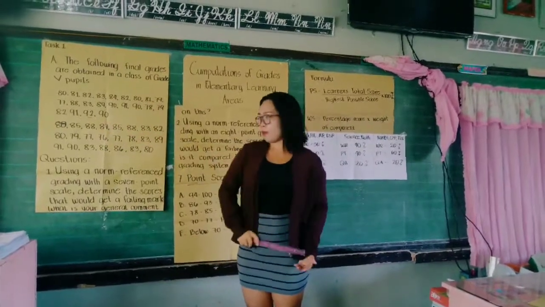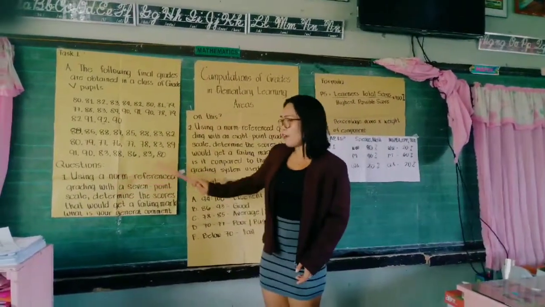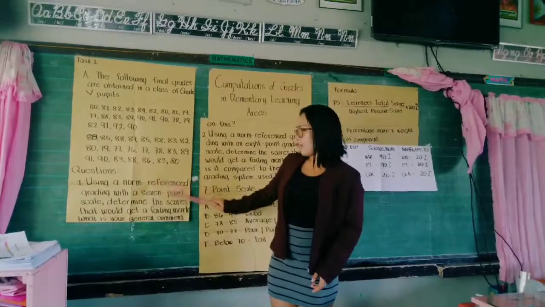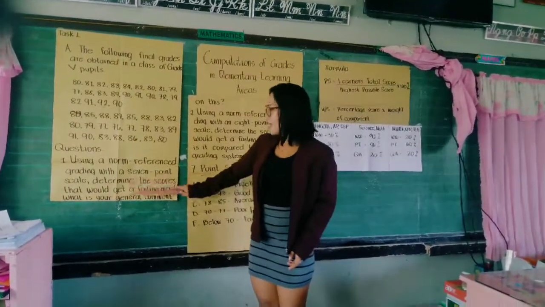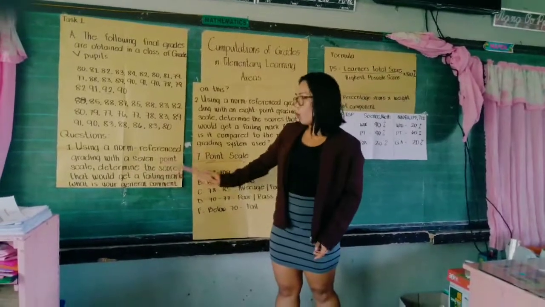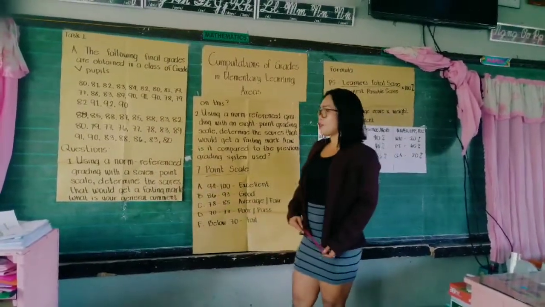For question number 1, using a norm reference grading with a 7-point scale, determine the scores that would get a failing mark. What is your general comment on this?